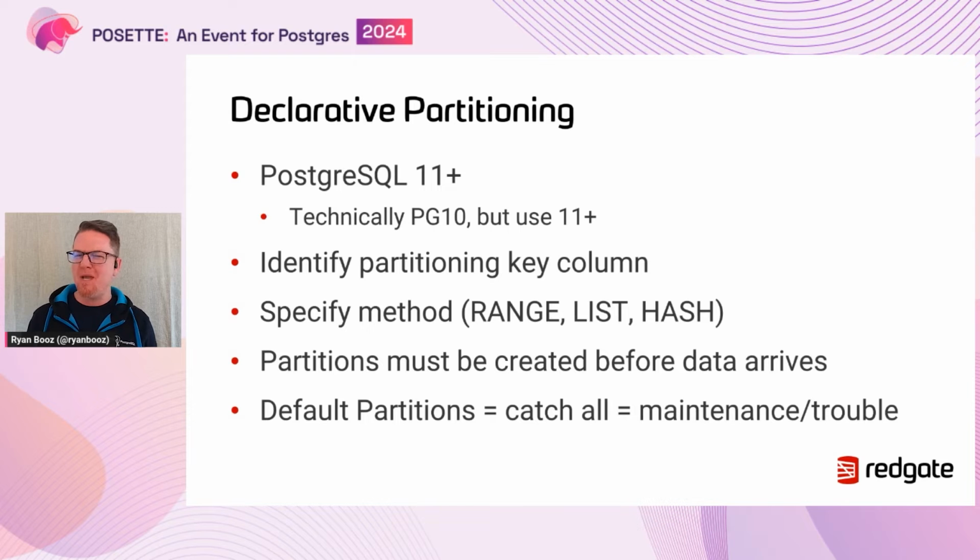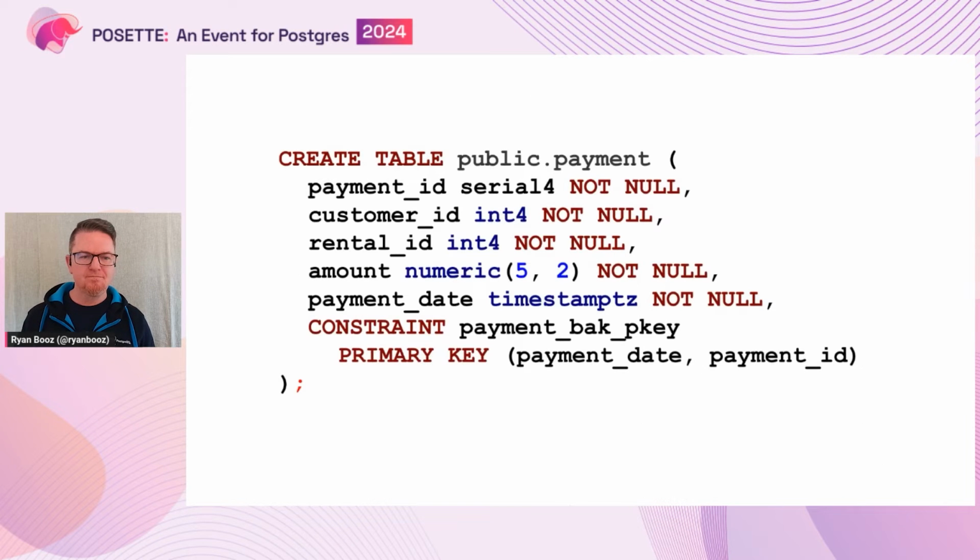And so we need to be able to manage those partitions so that you always have a place to store the data based on how you're distributing it. There is a default partition that you can create, which is kind of like the catch-all. However, as we'll talk about briefly at the end, this is really just meant as an emergency, and it actually can make the maintenance of partition tables a lot more tricky than you probably want to deal with long term.